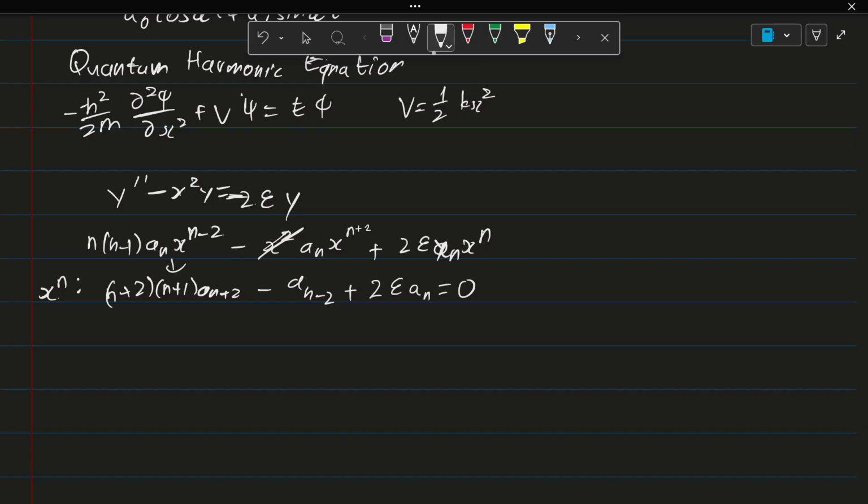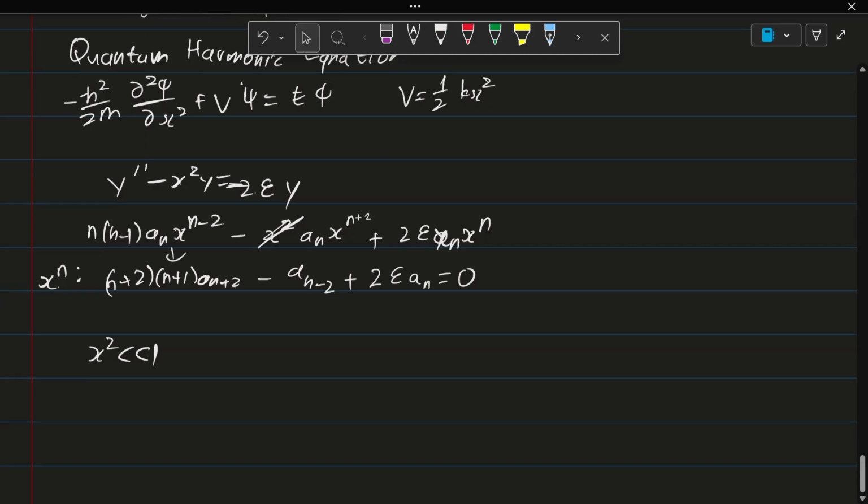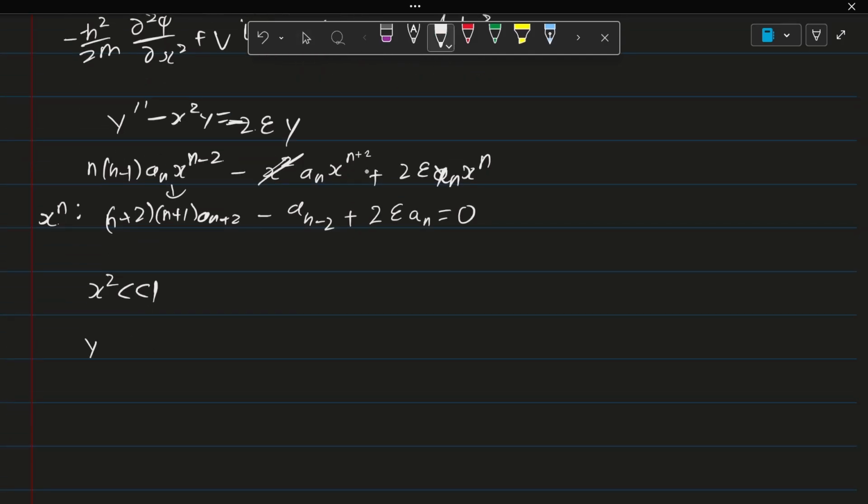So what you would do is just observe the extremes, and let me show you why. Let's just state that the x squared is very small, so small that the epsilon would be much greater. So you would get the equation y double prime equals negative 2 epsilon y. Now you know the solution of this.